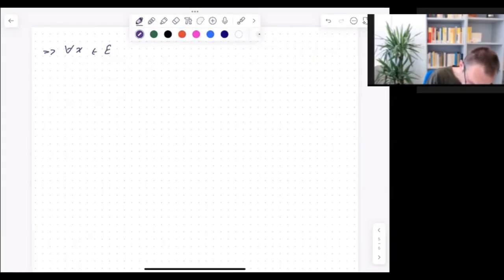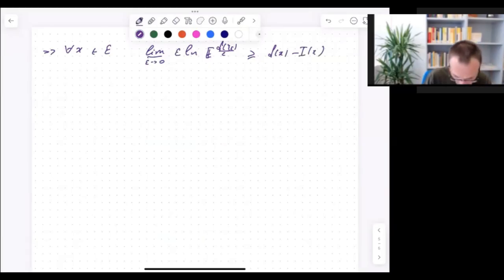Therefore, we obtained that for every x from E, the lim inf as epsilon goes to 0 of epsilon logarithm of the expectation of e to the power f of psi epsilon divided by epsilon is larger or equal than f of x minus I of x. And since it is so for every x, the inequality is also satisfied for the supremum over x.